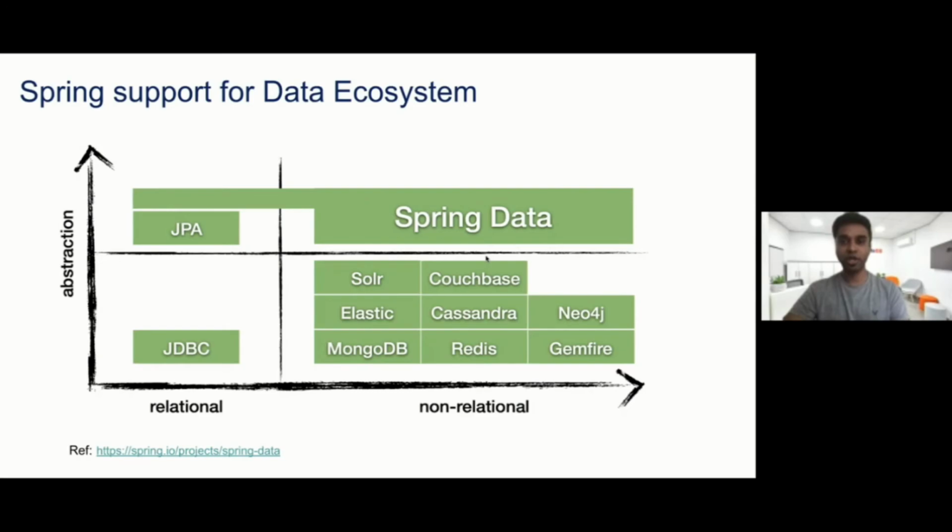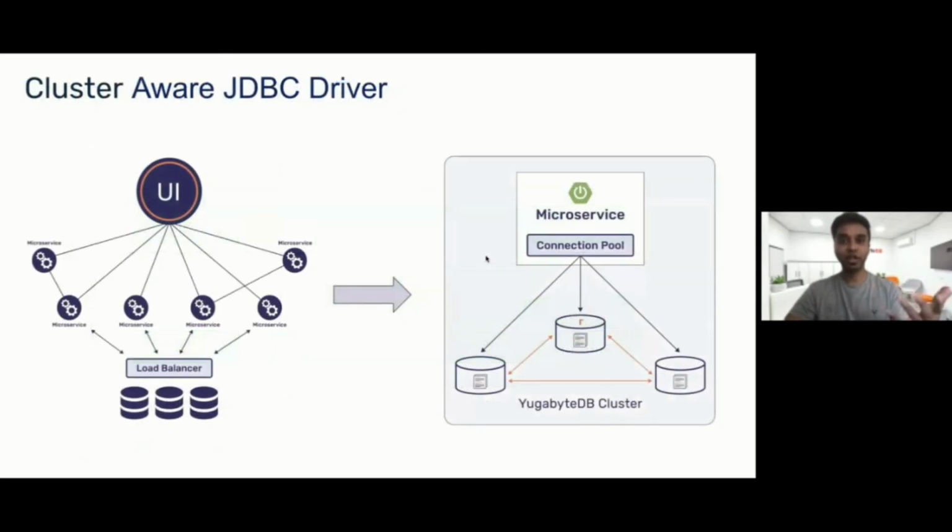When it comes to distributed SQL databases, obviously it is not a single node database, right? You'll have multiple data nodes to which your JDBC driver needs to connect. In the current world, if you have to reuse the existing Postgres drivers or existing JDBC driver, you'll probably have to have a load balancer in front of all your data nodes, so that you spread your queries evenly around all your available nodes.